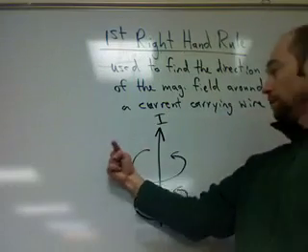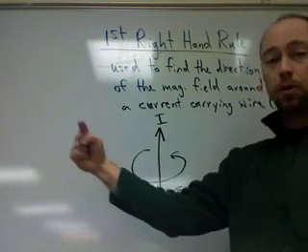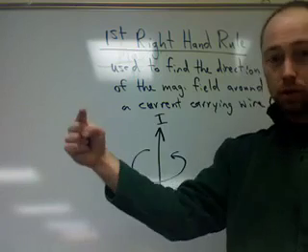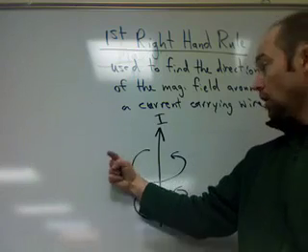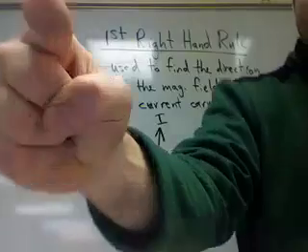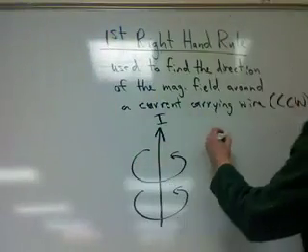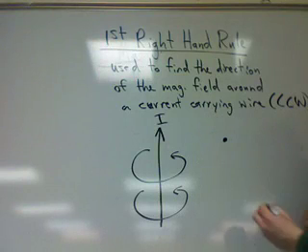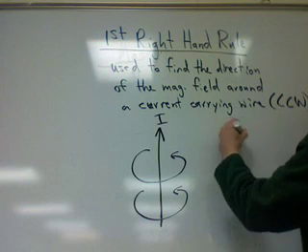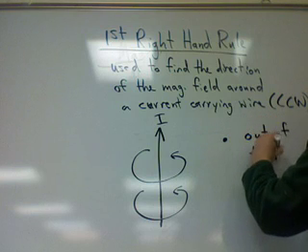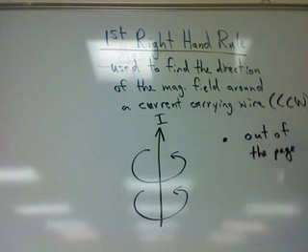If I have an arrow that I'm shooting directly out at you, you're going to see the point coming right at you, and the point is going to be a dot. So a dot, or multiple dots, is going to represent coming out of the page, or in this case, the board.